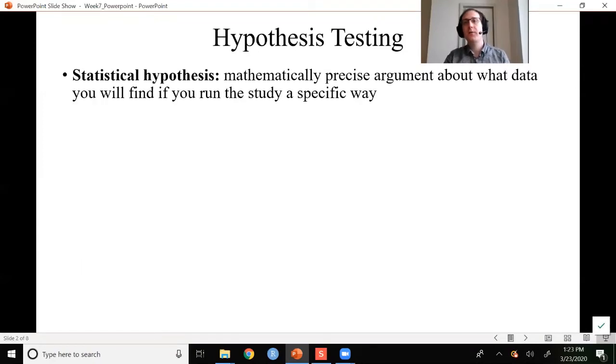So after you have your research hypothesis, you want to be more specific and state a statistical hypothesis. This is when you have a mathematical argument about how you would expect the data to turn out if you run the study in a specific way.